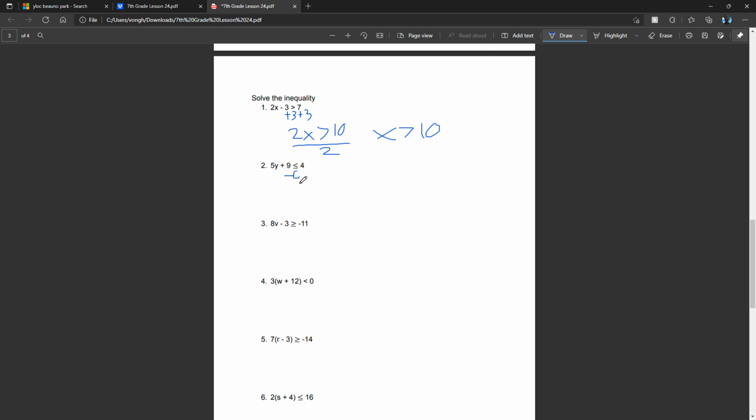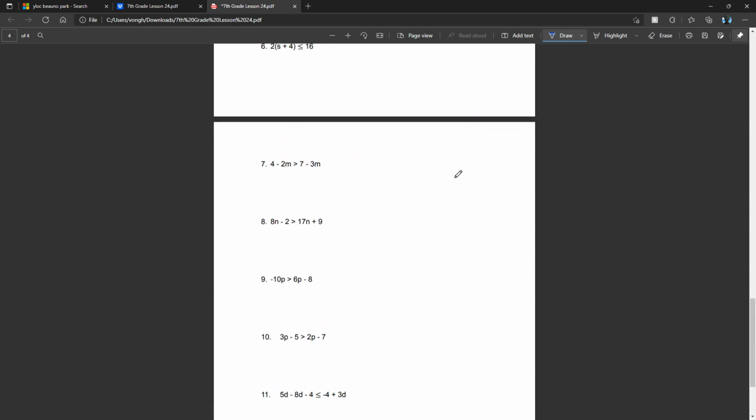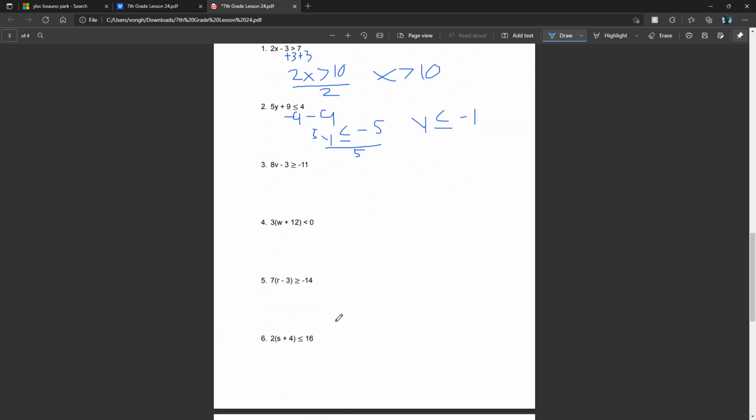Same thing for number 2, you subtract 9 first. 5y is less than or equal to negative 5, divided by 5. Here you don't flip this sign because you're not dividing by a negative. So you get y is less than or equal to negative 1. So yeah, try these ones on your own. I'll write down the answer.